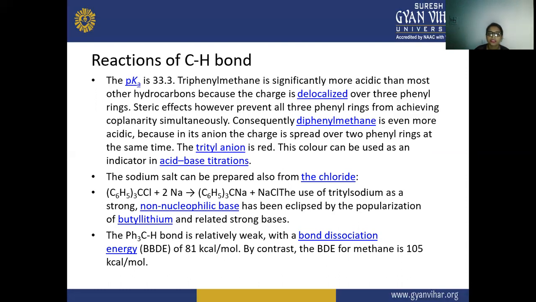It is more acidic than most other hydrocarbons because the charge is delocalized over the three phenyl rings. However, the steric effect prevents all three phenyl rings from achieving coplanarity simultaneously. The anion charge is spread over the phenyl rings, and this trityl anion is red, and it is also used as an indicator in acid-base titration.